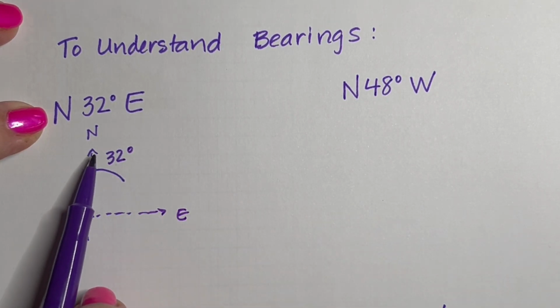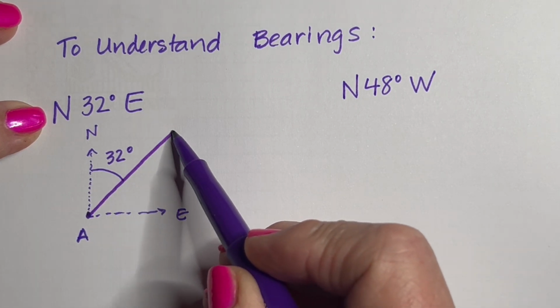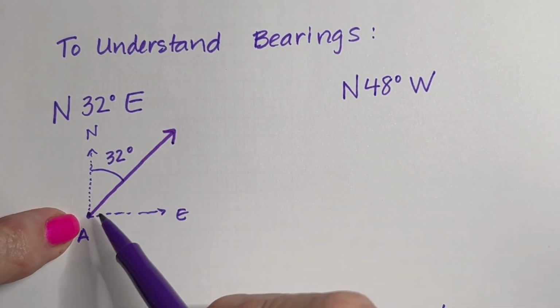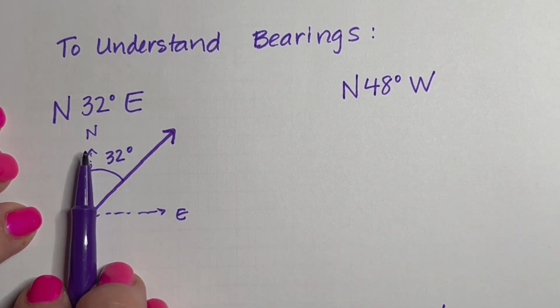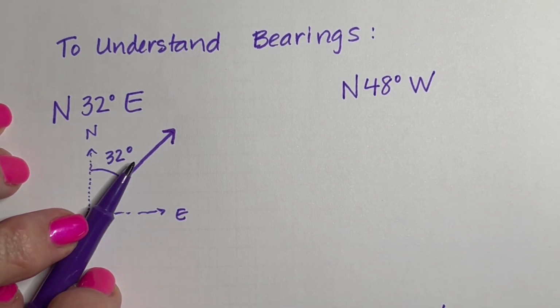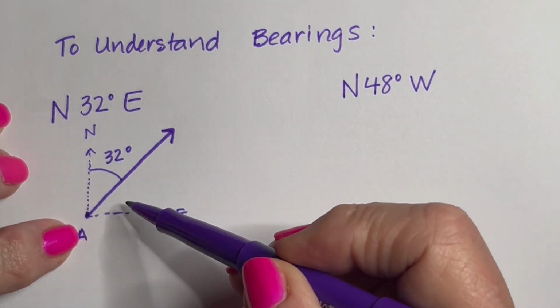So I'm going to turn 32 degrees east, and therefore this is the pathway that I'm talking about. These dashed lines are just what I spied. I looked north, and then I turned 32 degrees towards the east, and that is what a bearing would talk about.